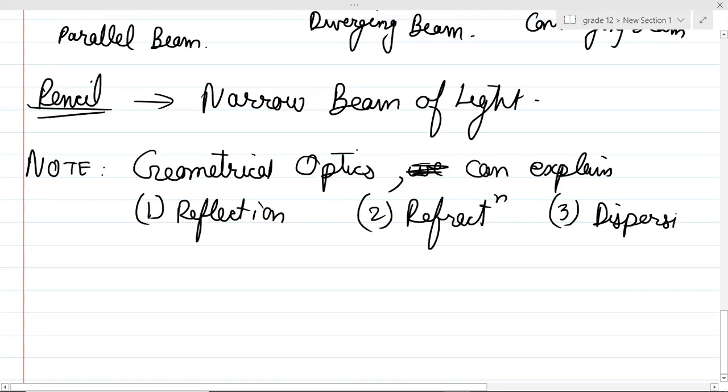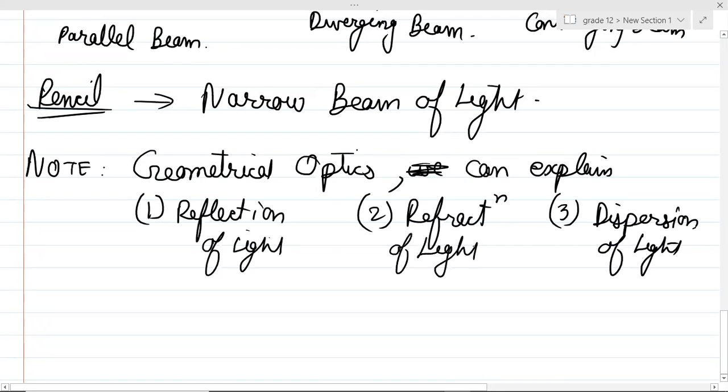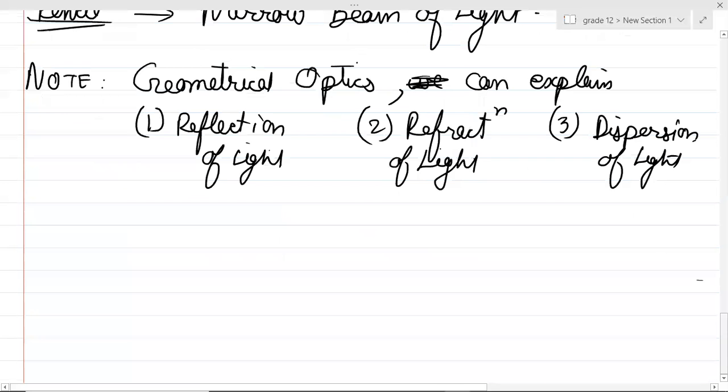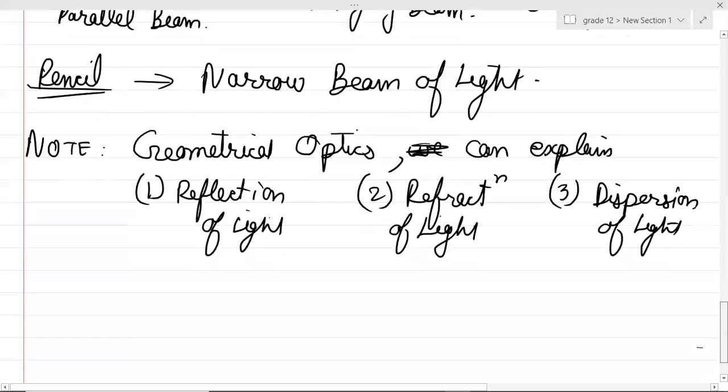So basically geometrical optics will only be able to analyze these three phenomena, nothing else. After that, wave optics will come into play, right? Shall we start, guys?